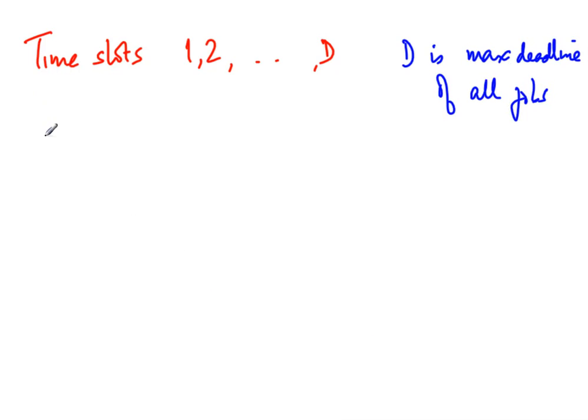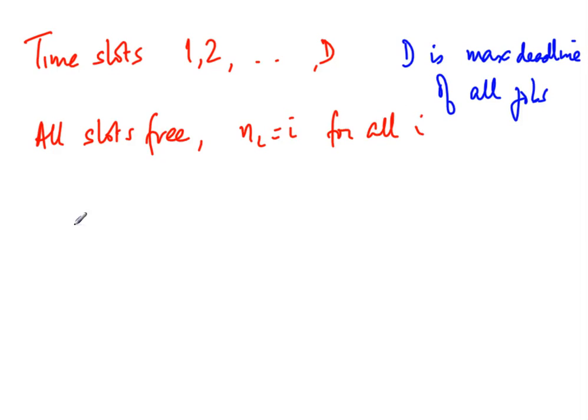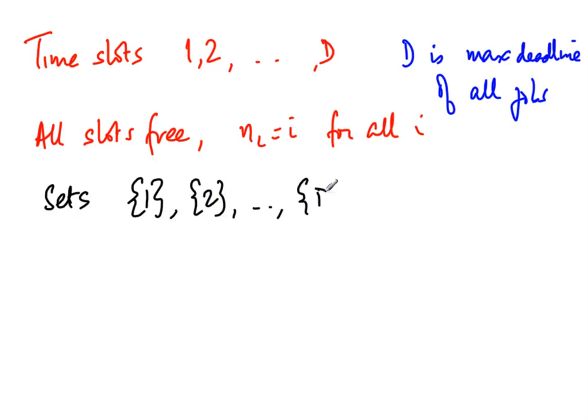So initially all slots are free, so N_i is equal to i for each i. So I have initially sets of the form 1, 2, etc., these singletons up to the singleton D, and f of the set j is just equal to j for every j.